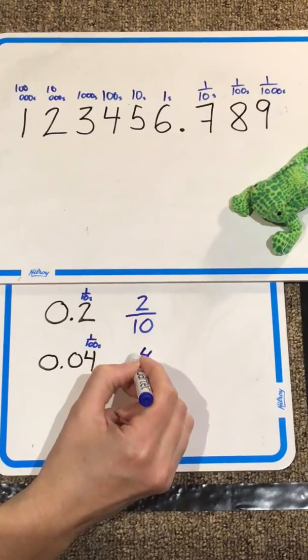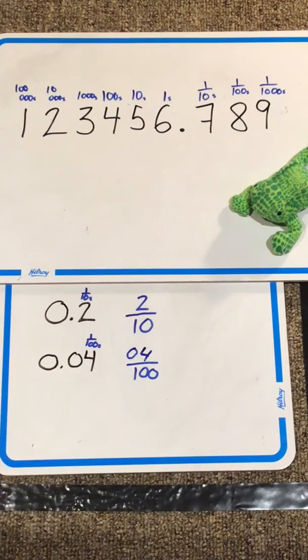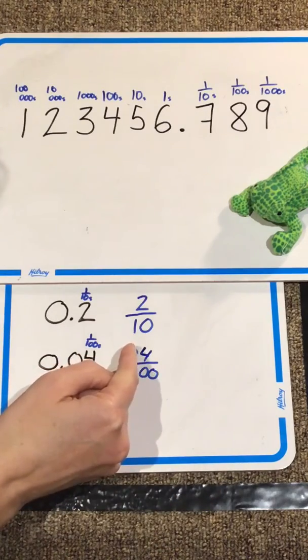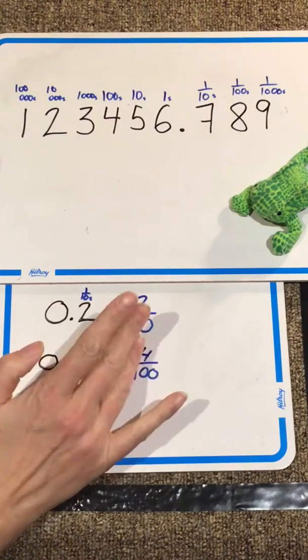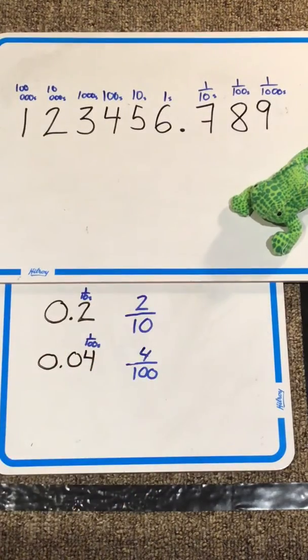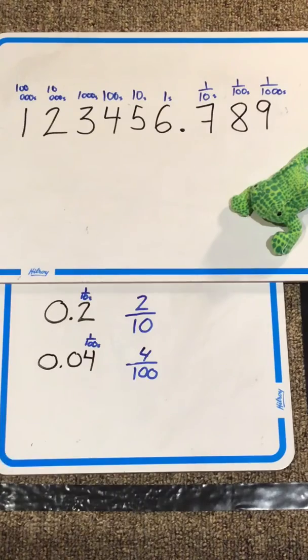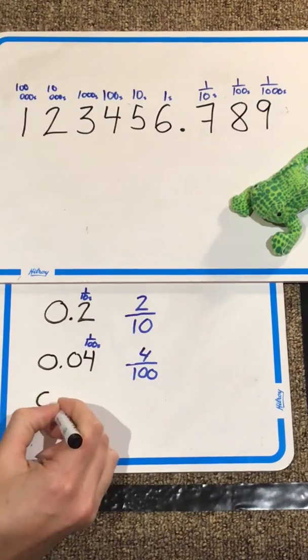You could put 04 if you really wanted to, but we know that in a normal number, having zeros to the left really doesn't make any difference, so that can just go away.